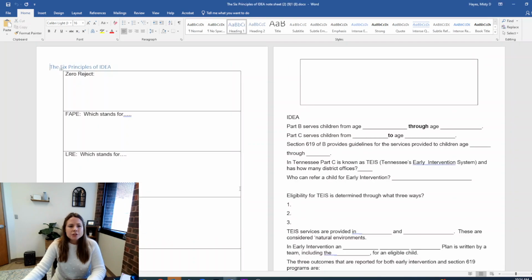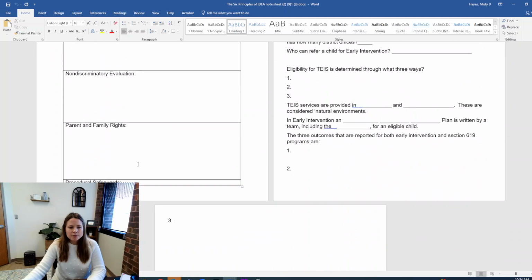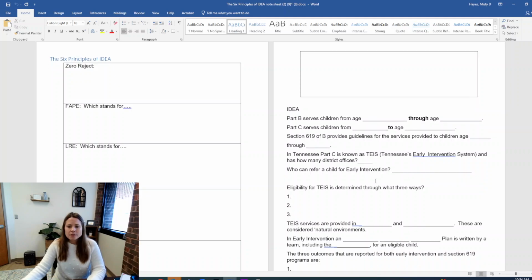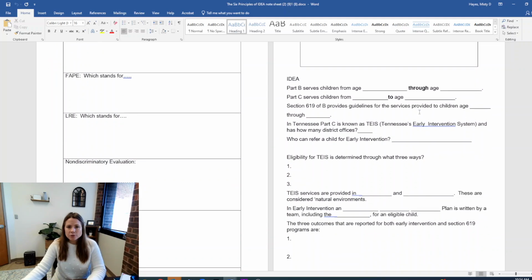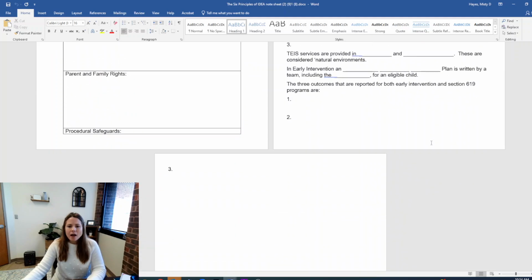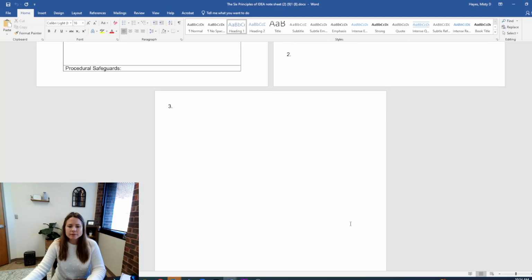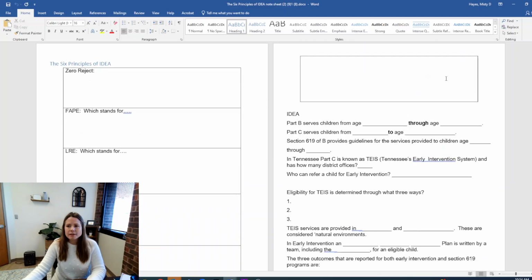It goes over the 6 principles of IDEA. It talks about IDEA in terms of Part B and Part C. It goes into the TEIS, which was that brochure I talked about, and make sure that you use that brochure to help you fill this out as well. Those are the things that you complete.